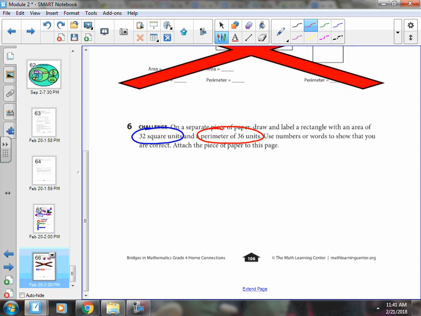I'm going to look at that area number, and I see the number 32. And I want you to think, a little blast from the past, the factors of 32. What can you multiply together to get 32? 1 times 32. 2 times 16. Let's see, 3 times 10 is 30. That doesn't work. Ooh, 4 times 8.